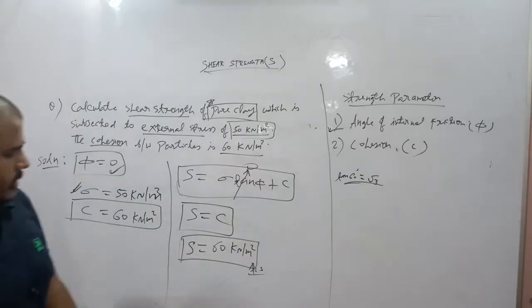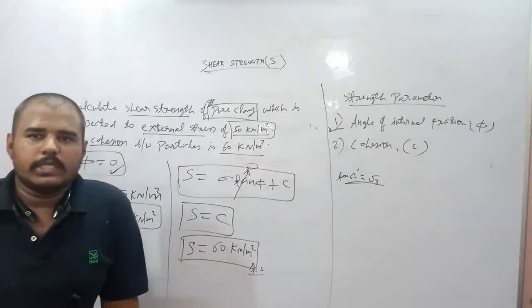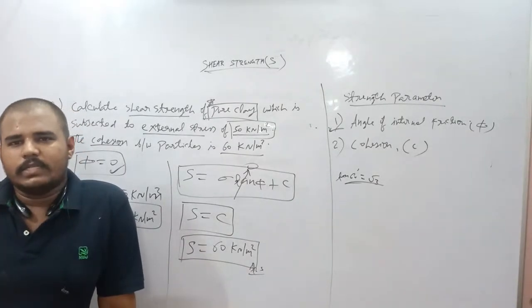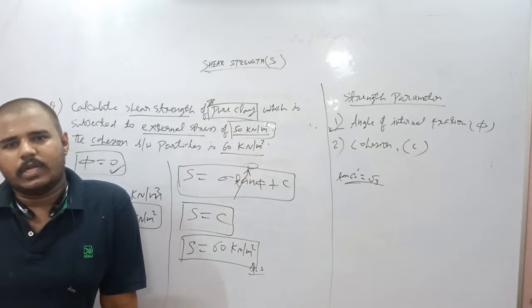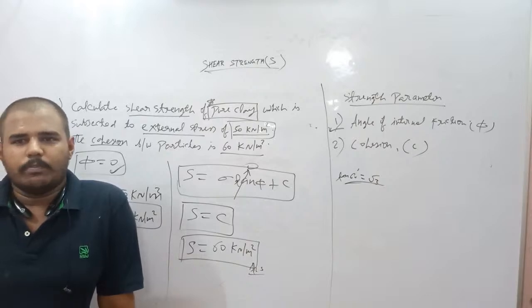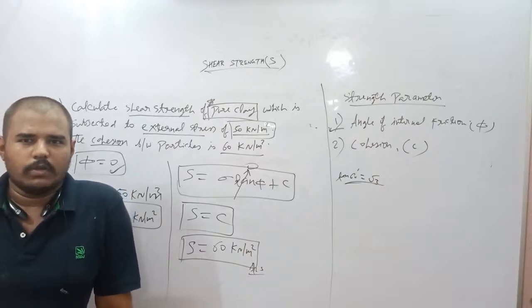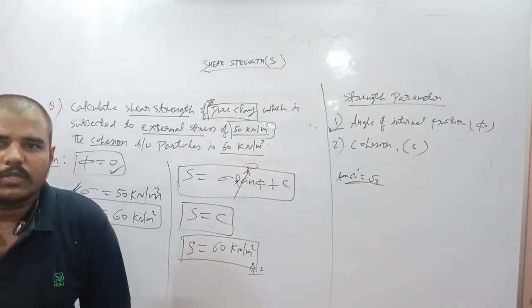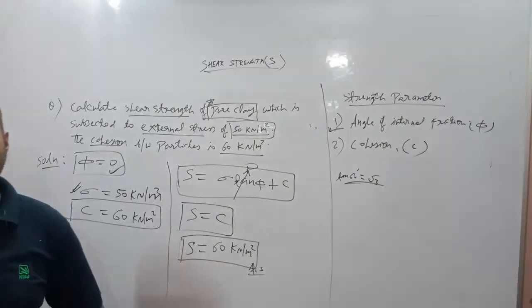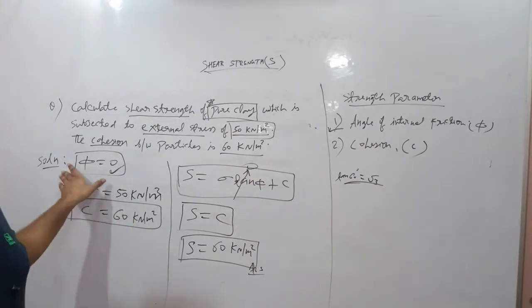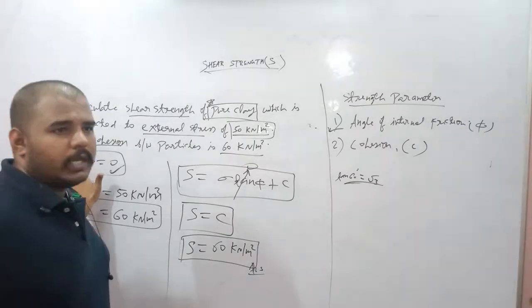In cohesive soil, the cohesion is the main shear strength parameter, meaning the soil is bound by the cohesive forces between the particles of the soil. Okay, and there is an absence of internal friction. Therefore, we took the angle of internal friction as 0 in cohesive soil.